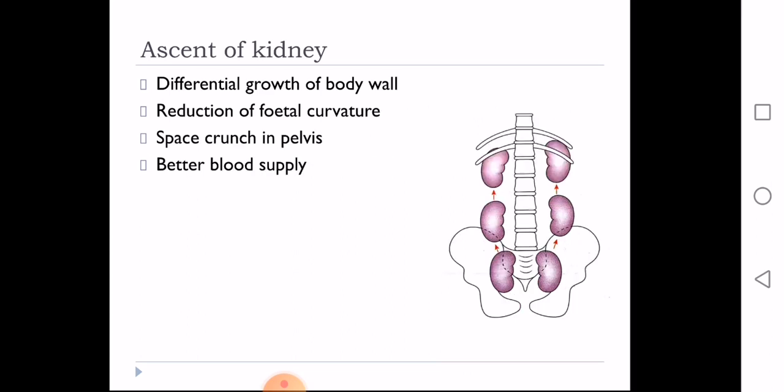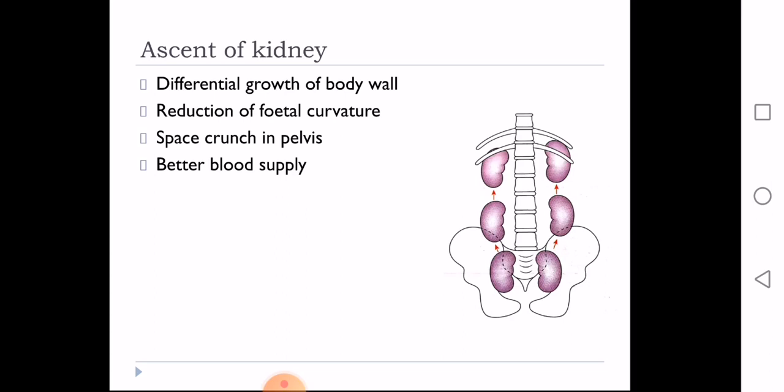So why does the kidney ascend? The reasons are, one, the differential growth of the body wall and the reduction of the fetal curvature. Then, you all know that the pelvis is quite small and there are a lot of structures already present there, so there is a space crunch.